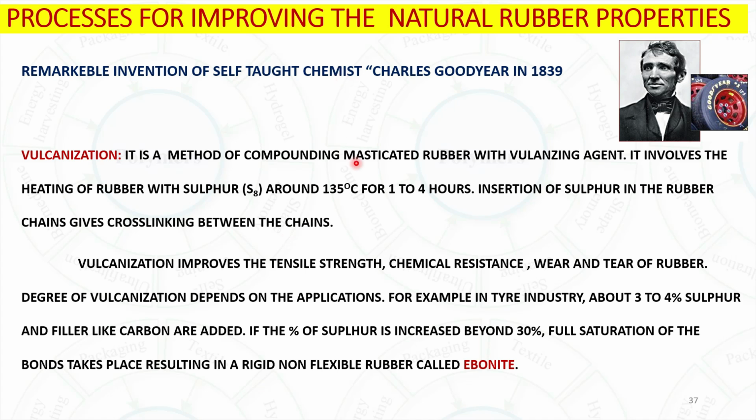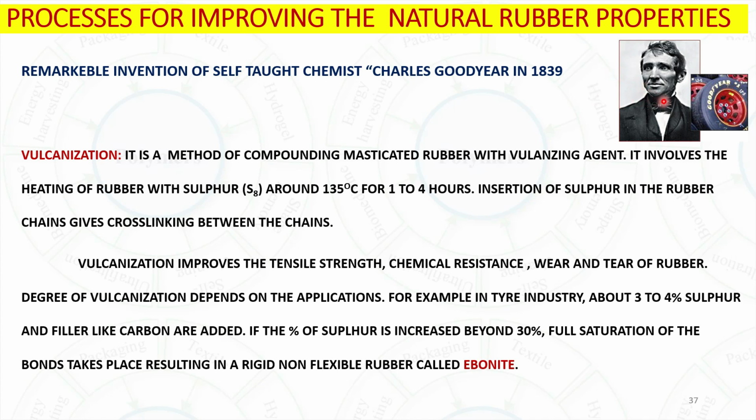Now this process is very important, and in examinations this question is generally asked, which is known as the vulcanization of rubber. And this vulcanization of rubber was discovered by the great Charles Goodyear. There is a tire company known as Goodyear Tires.